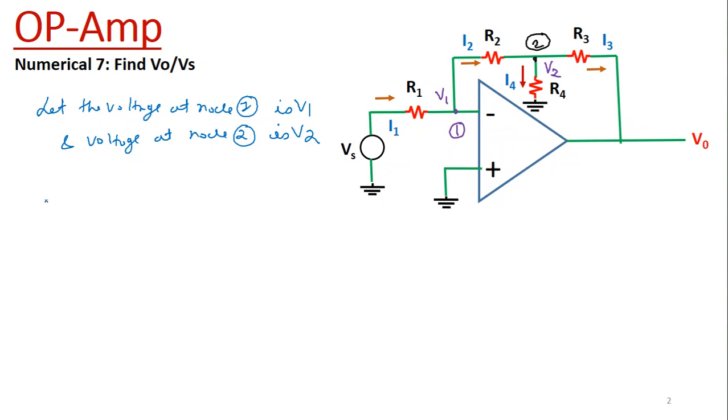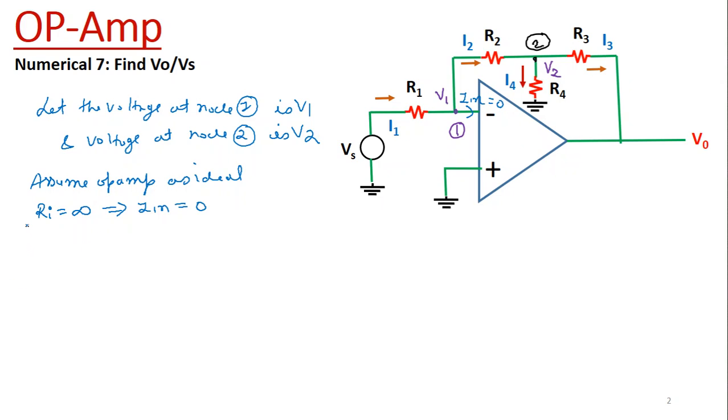Now we apply KCL. First we assume the operational amplifier as ideal. In an ideal operational amplifier, input resistance is infinite, so the input current flowing through the input resistance will be 0. So the current flowing into the terminals of the operational amplifier, In, is equal to 0.